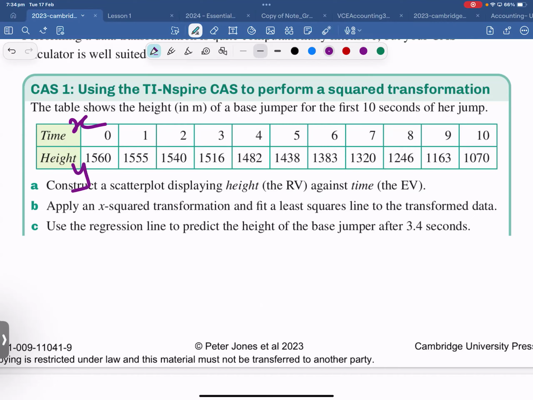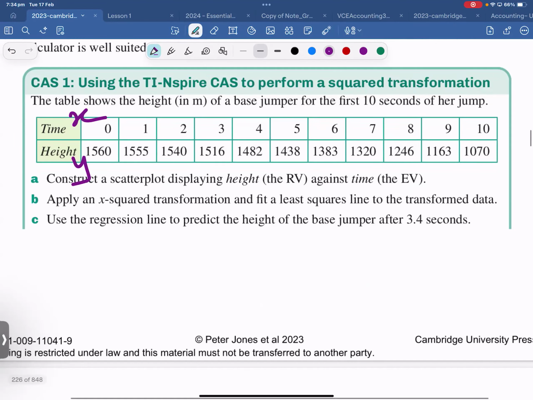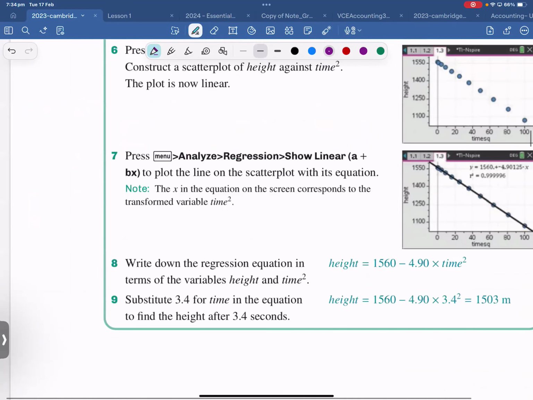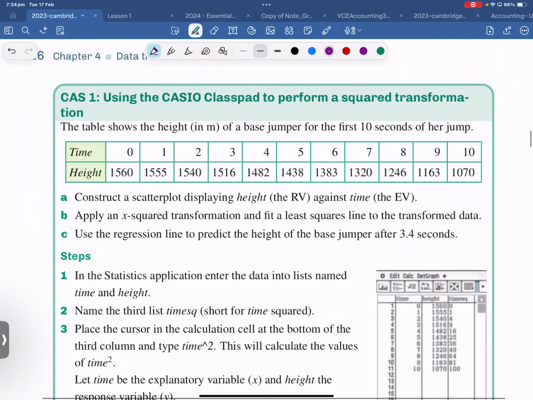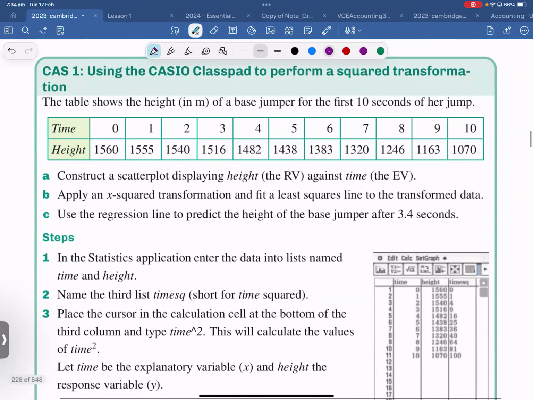So then you can put the data into the CAS as you were doing. And if you have a ClassPad, same story. Remember last time what we did? You had to go to the statistics application and then enter the data.